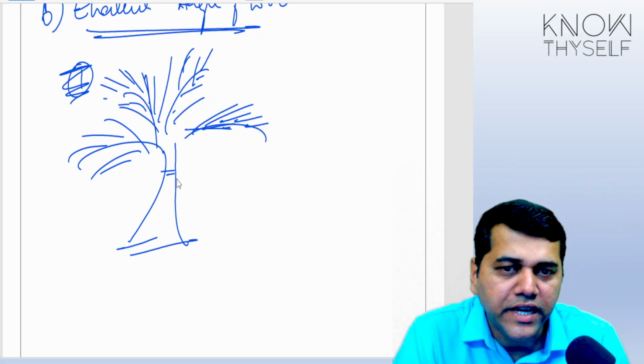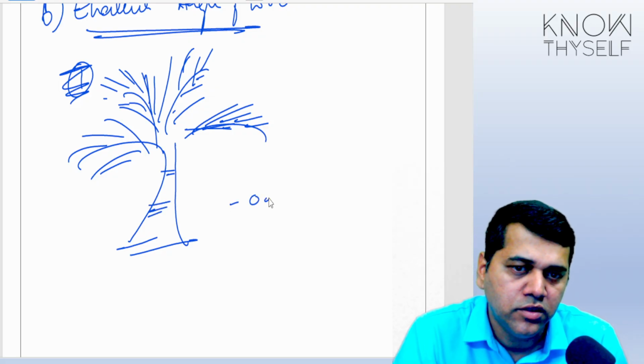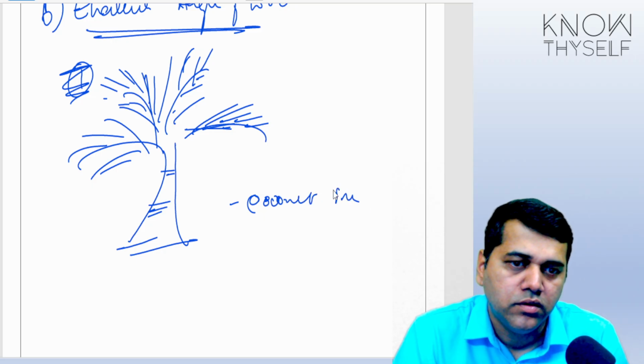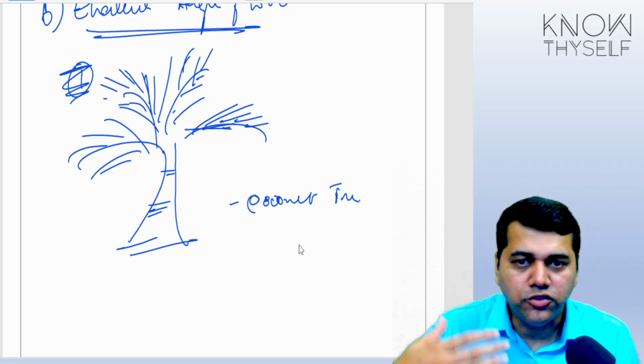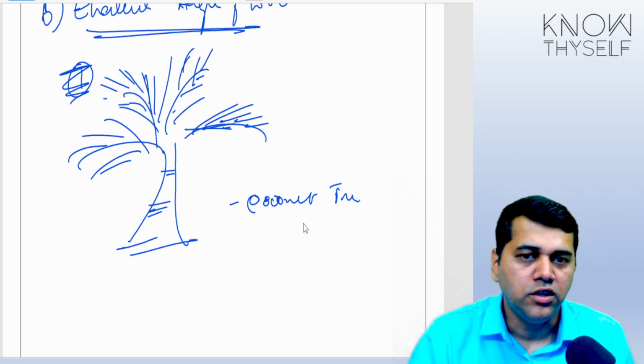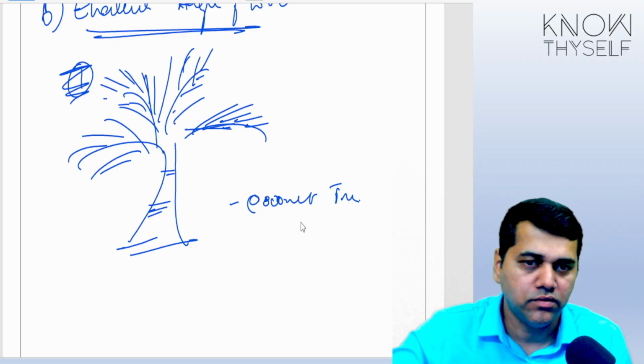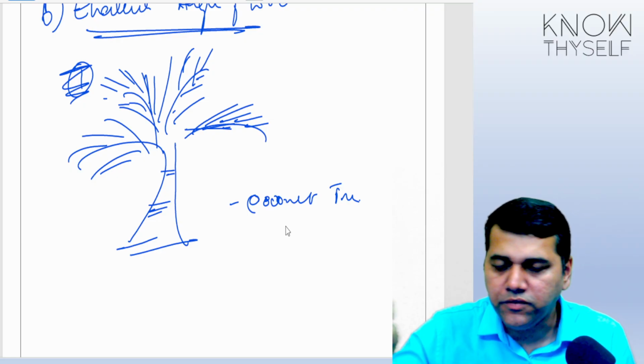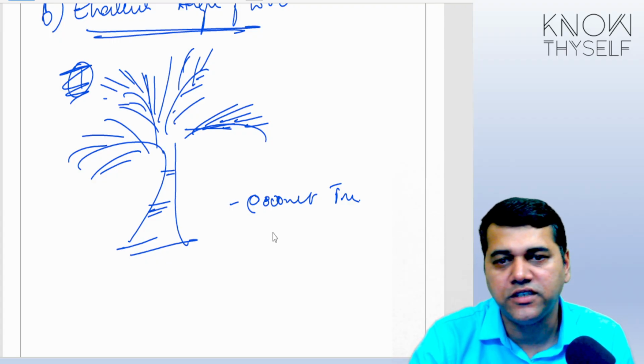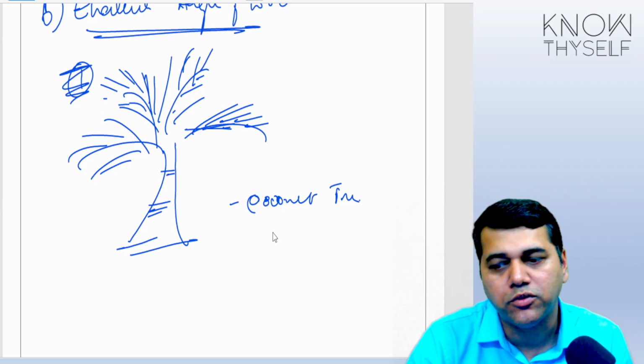By looking at this tree, you say, sir, this is a coconut tree. Now, since you know what it is, you don't need to ask someone. You need not consult someone. I hope you're clear. But suppose for the first time in your life you are seeing this tree.